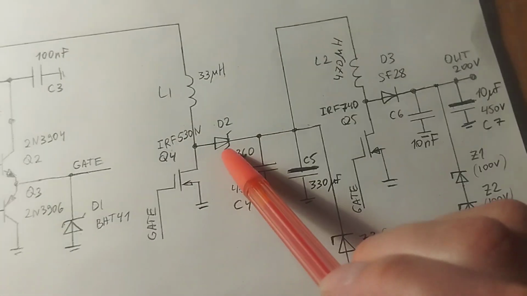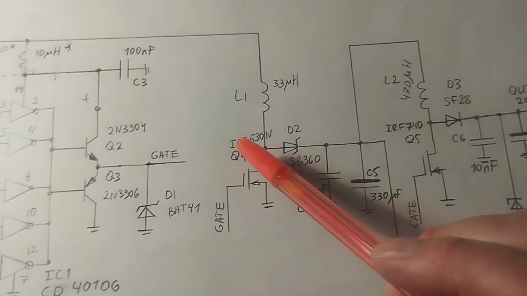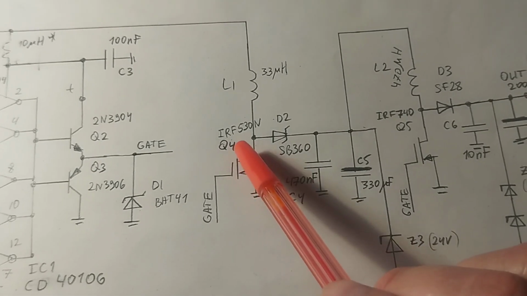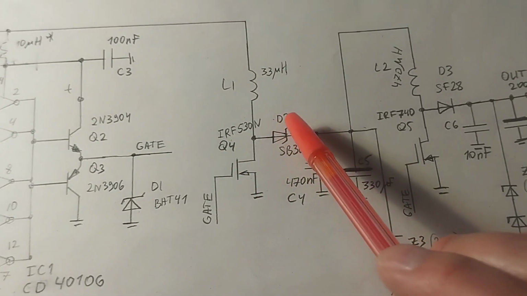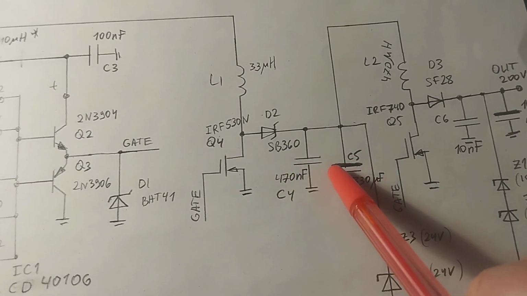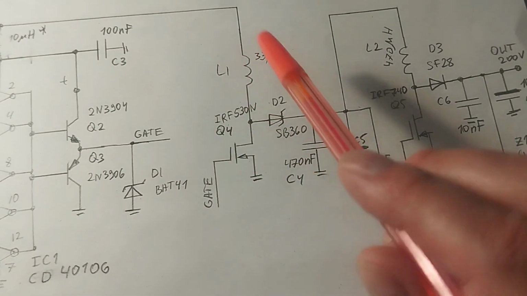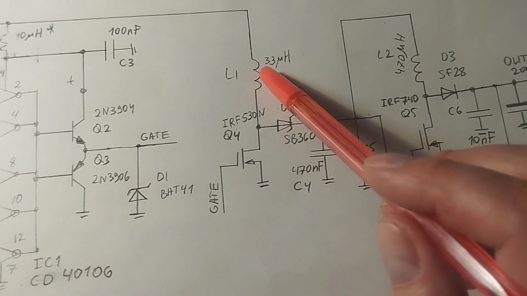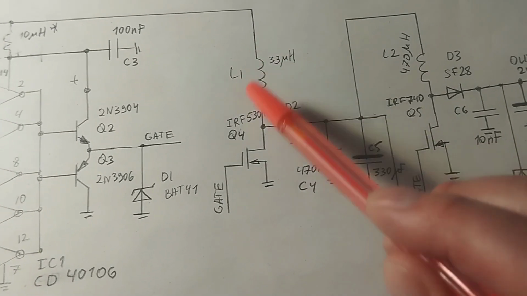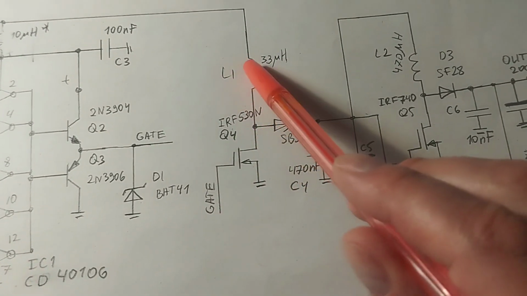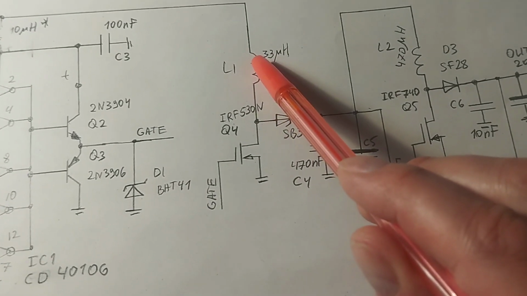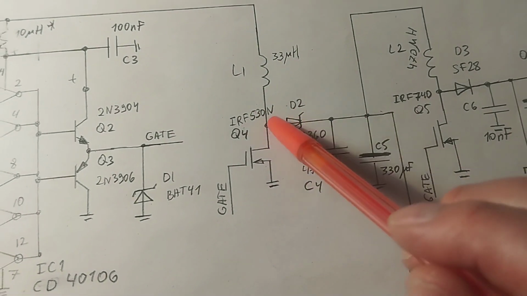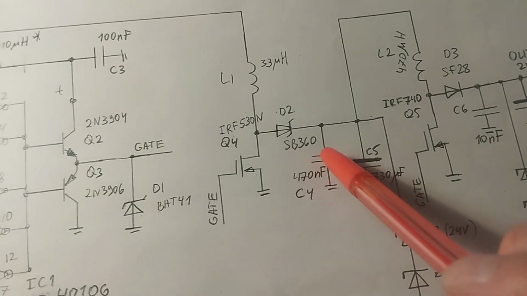Here we see the first stage. The first stage consists of a switch, a diode and output capacitors. When the first switch turns on, the energy is stored in the coil. When the switch turns off, all the energy flows through the diode into two capacitors.